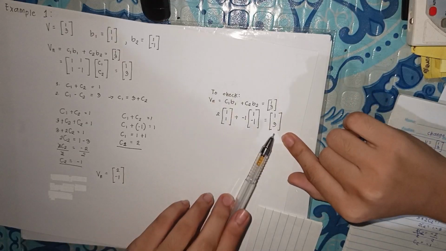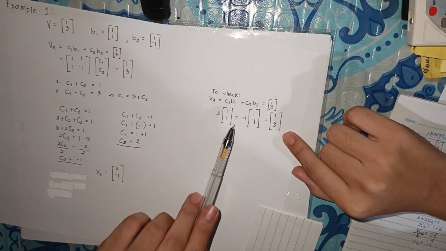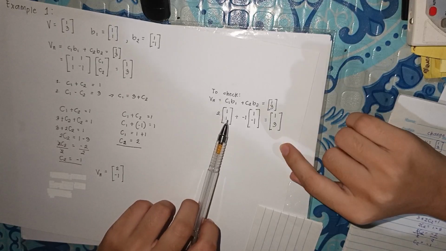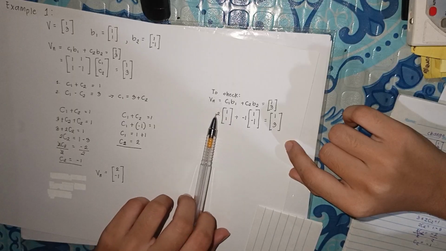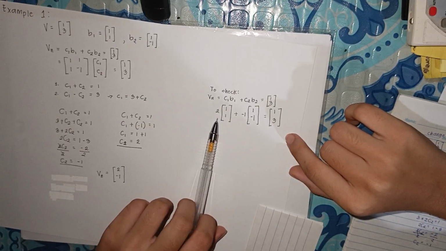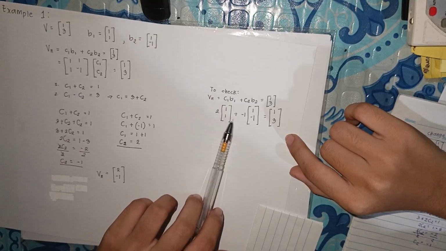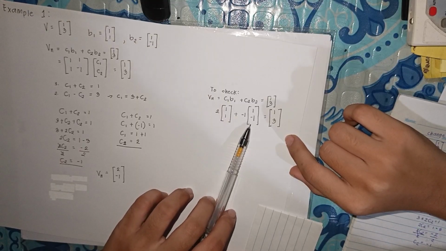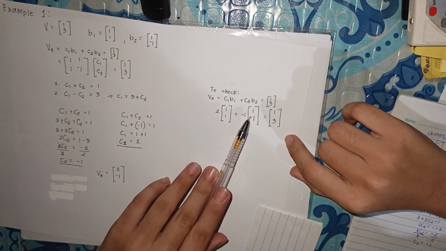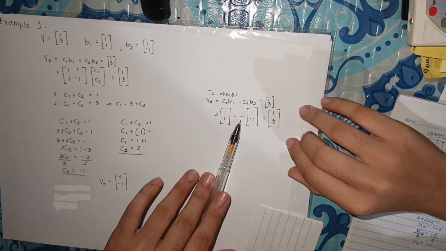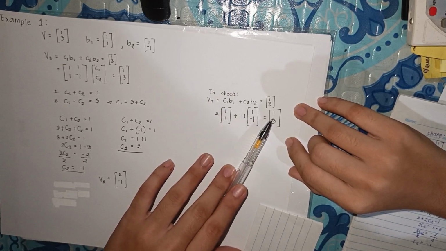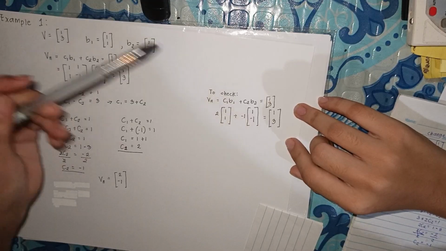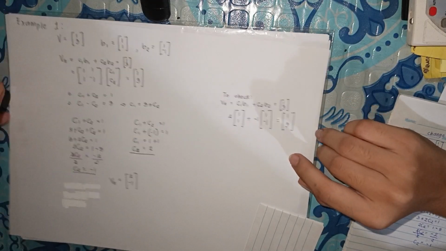Dapat nato nga if atong i-add ning basis 1 with the scalar 1 plus atong i-multiply ang basis 2 sa scalar nga negative 1, dapat ang answer ana is ang vector nga given, which is 1 and 3.